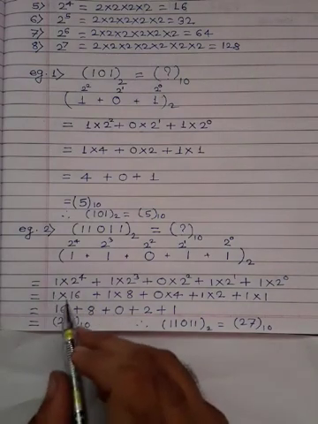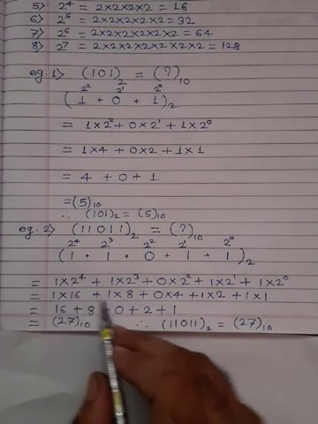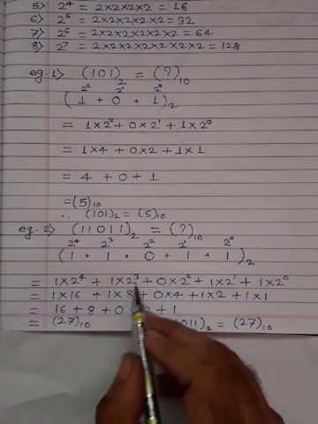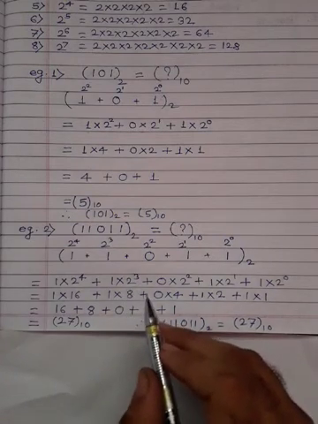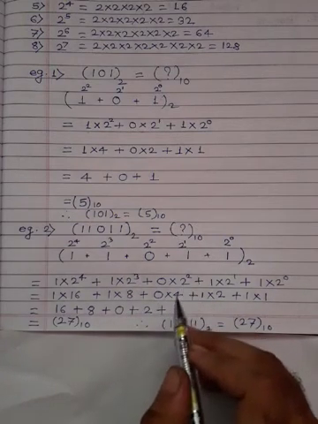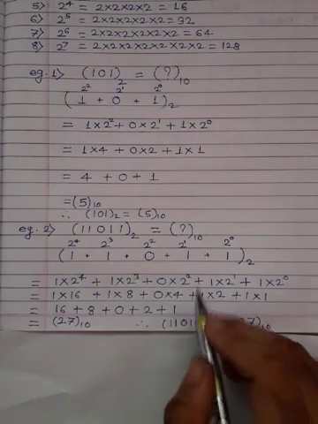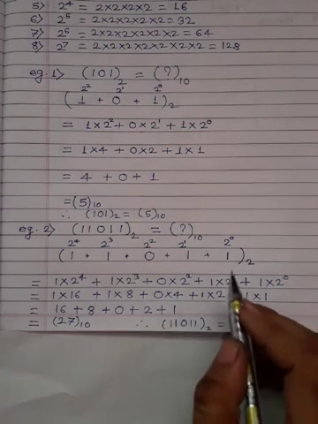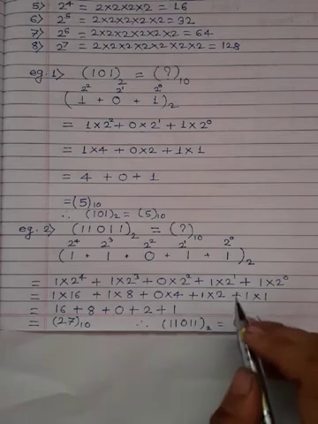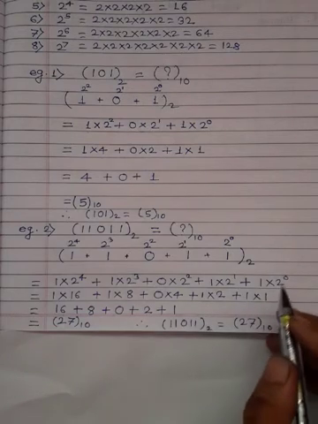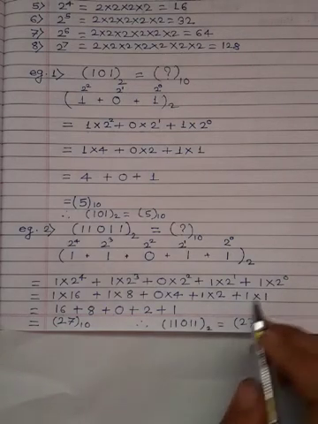So 1 multiplied by 2 to the power 4 is 16, plus 1 multiplied by 2 to the power 3 is 8, plus 0 multiplied by 2 to the power 2 is 4, plus 1 multiplied by 2 to the power 1 is 2, plus 1 into 2 to the power 0 is 1.